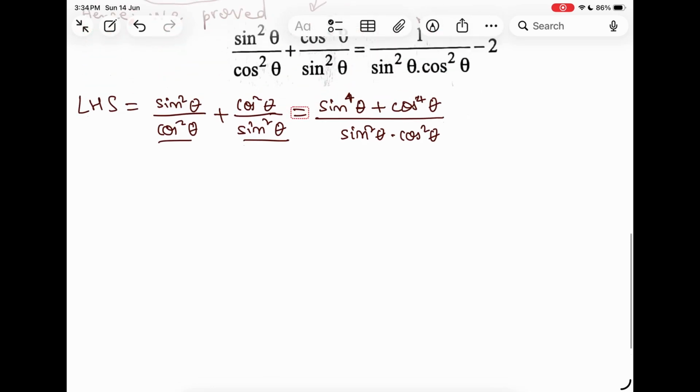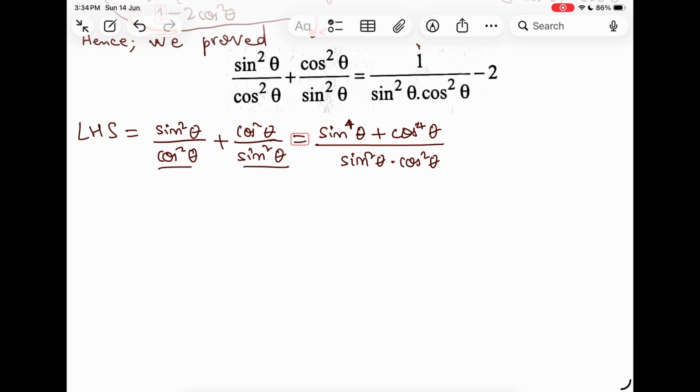Now whenever you see sine theta and cos theta, it should always strike your mind that every time we are ought to use the property that sine square theta plus cos square theta equals 1. Now here we have sine to the power 4 theta plus cos to the power 4 theta. Now how can we reach that equation sine square theta plus cos square theta? Here we know that a square plus b square, right?